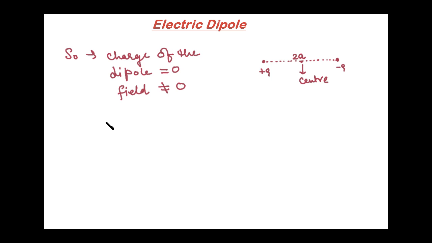Now field of the dipole is not equal to 0 because charges minus q and plus q are separated by some distance, and electric field of both these charges when added does not cancel out.